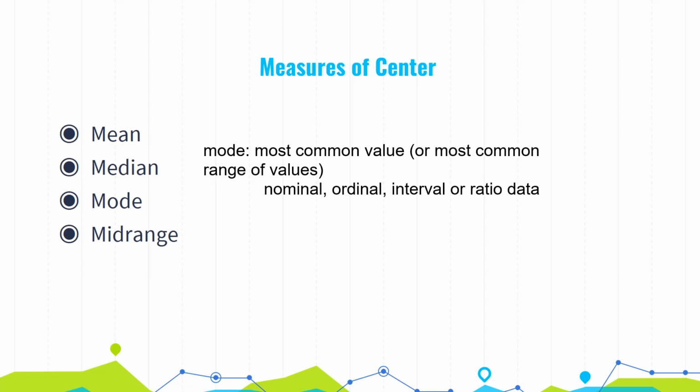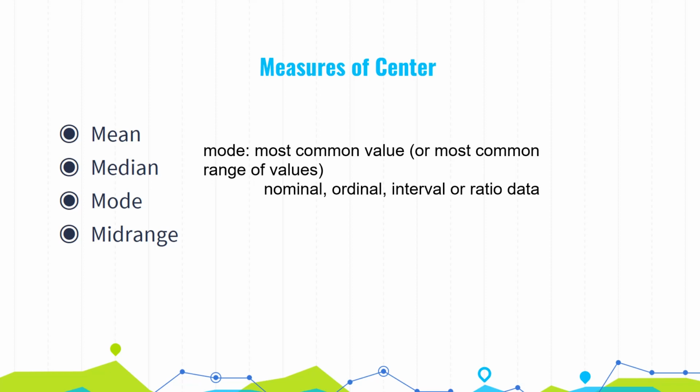Sometimes the mode's not applicable. With continuous data, it's really not going to be applicable. But for categorical, so for nominal and ordinal, certainly for nominal data, the mode is the only measure of center that really can be used.